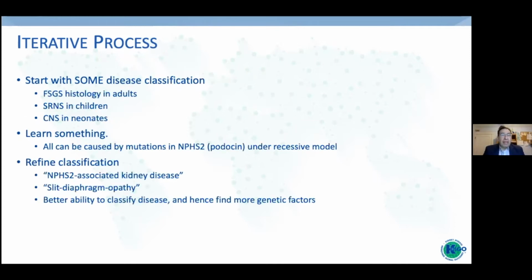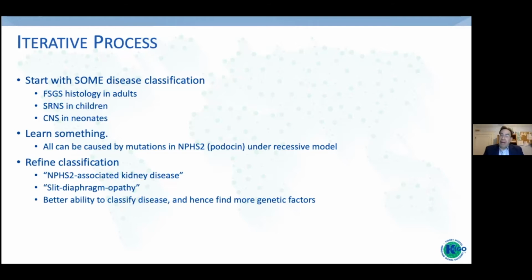So, for example, there's what we call FSGS histology in an adult kidney biopsy. There's what we call steroid-resistant nephrotic syndrome in children, congenital nephrotic syndrome in neonates. We now know, thanks to the work of a lot of people, that all these phenotypes can be caused by mutations in the podocin gene NPHS2 under a recessive model of inheritance.